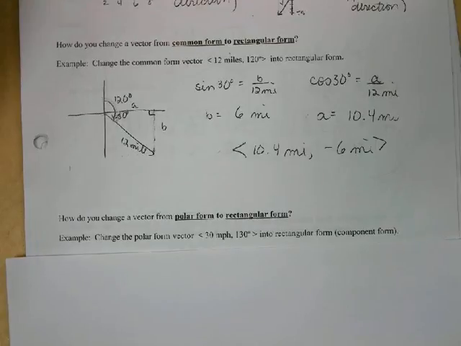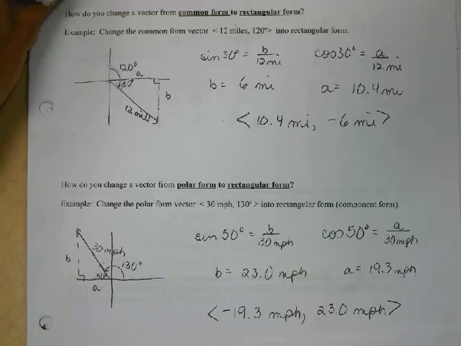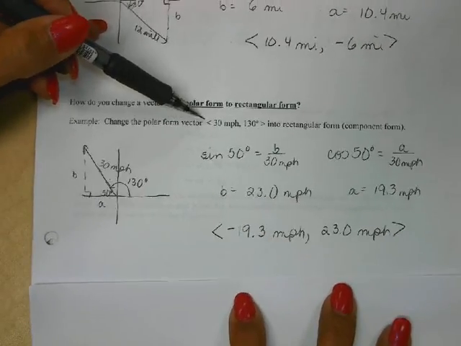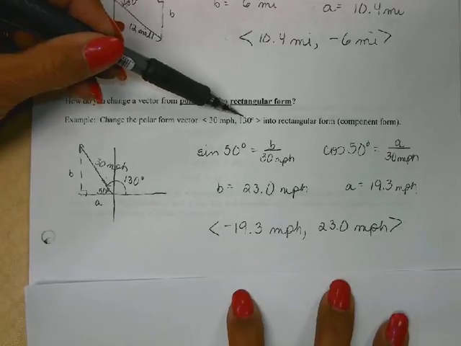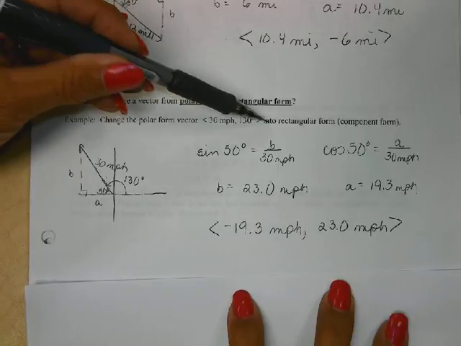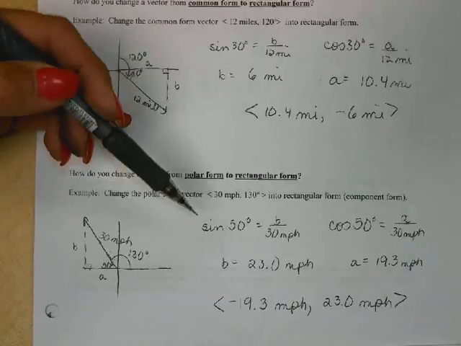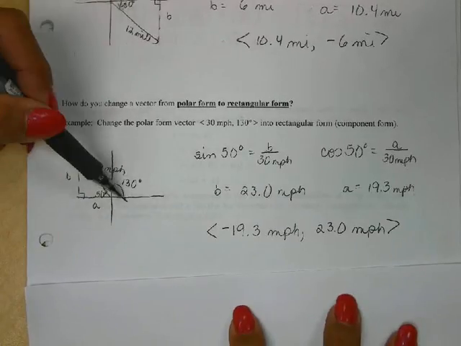Now, if I want to change a polar form vector to a rectangular form vector, it's basically the same idea. The only thing is when I start with my vector, this angle, because I know I'm in polar form, is a standard position angle. That means you're starting at the positive x-axis and rotating counterclockwise, as opposed to up here, if it was a common form vector, it was always going from north, going clockwise.